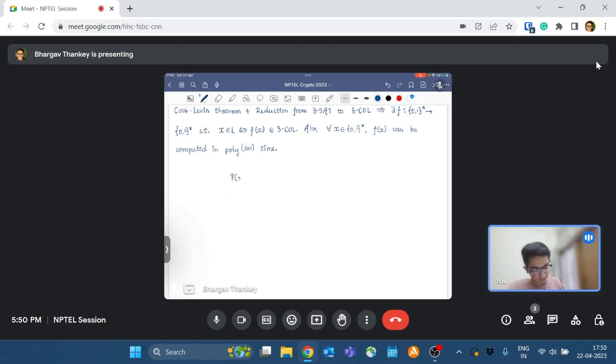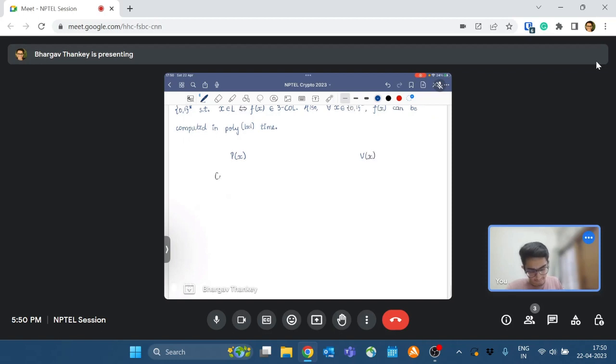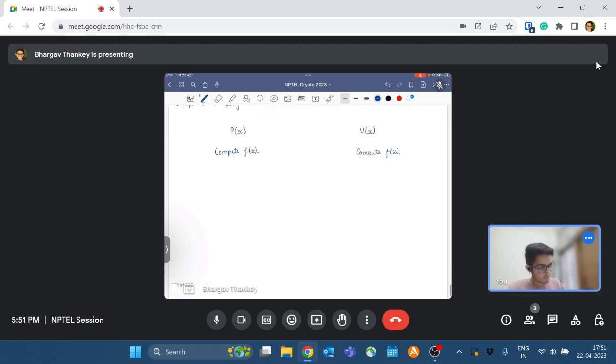So we have a prover with access to x, we have a verifier with access to x, both compute f(x). Now, f(x) is in 3-colorable if and only if x is in L. So to convince the verifier that x is in L, all the prover has to do is to convince the verifier that f(x) is in 3-colorable, right? But we know of a zero knowledge proof for that, right?